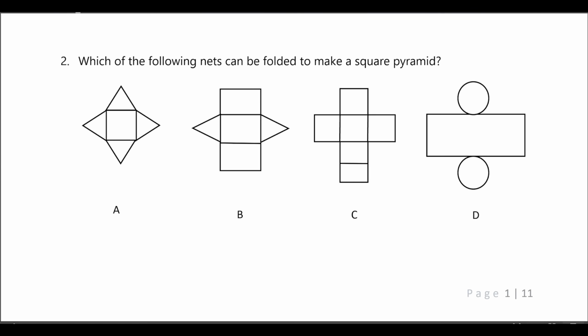So if the base of a particular pyramid is in the shape of a rectangle, then we have a rectangular pyramid. If the base shape is a triangle, we have a triangular pyramid. If the base shape is a square, then we have a square pyramid.